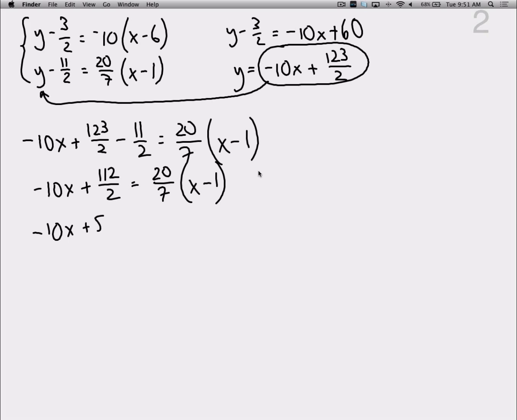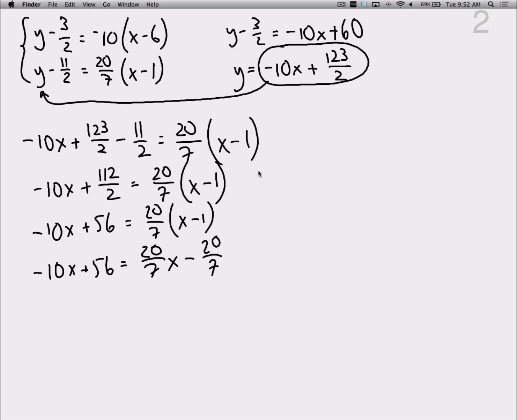Things are looking up. Then you have to distribute the 20 sevenths.